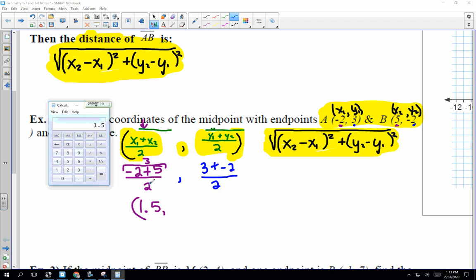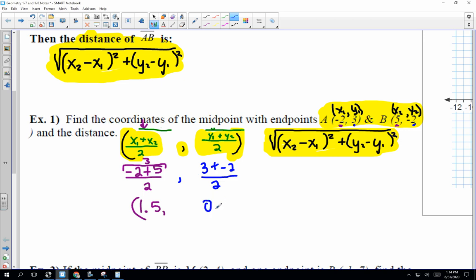So again, 3 plus -2 is 1. 1 divided by 2 is 0.5. So my answer to the midpoint is 1.5, comma, 0.5.